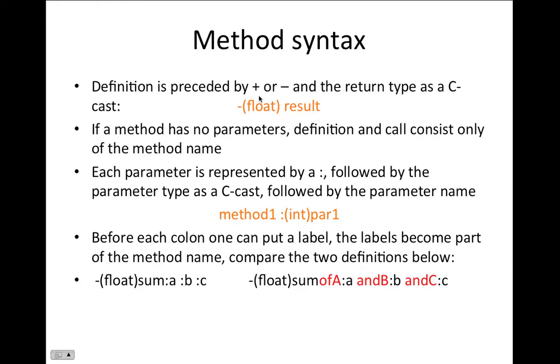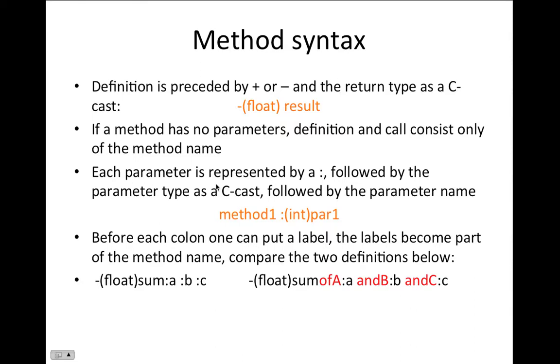So it's preceded by plus or minus and the return type as a C cast. If the method has no parameters in the definition, the call consists only of the method name. We know that these are class and instance methods, the pluses and the minuses, hopefully remembering from last time.